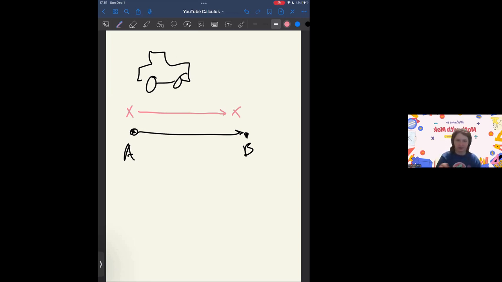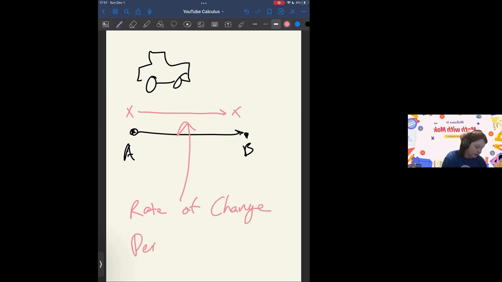I drive to my destination and I stop when I get there. We call this change from stop to start a form of a rate of change, or a derivative. Now, this shouldn't be confused with acceleration, because acceleration is actually the second derivative.